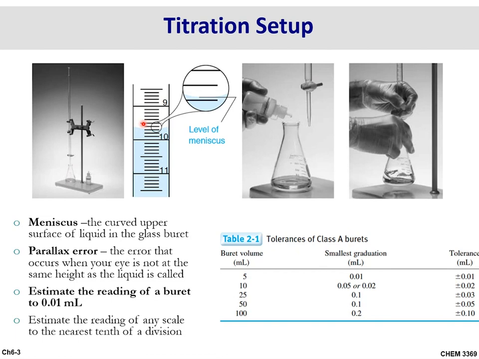If you have an aqueous solution, it will have a concave meniscus, because the water is attracted to the walls of the burette, and it kind of clings and climbs up the sides. And the center of the meniscus is a little bit lower. So when you read the level of the liquid, you should be reading the center of the meniscus, okay?